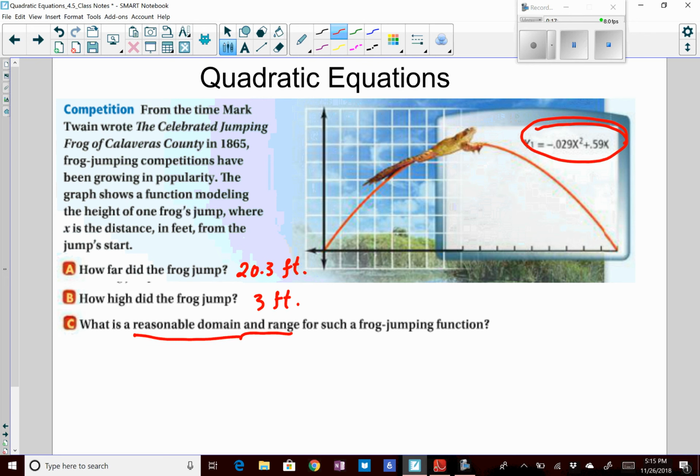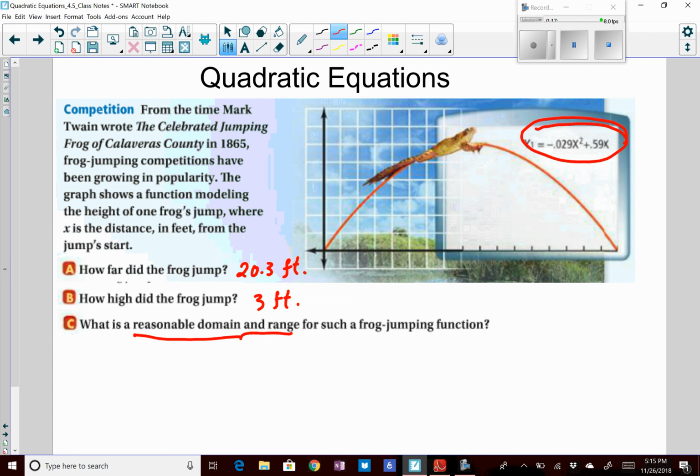Well, those generalities are not really a reasonable domain and range for this particular situation, because if you think about it, the frog can't jump an indefinite amount. He's got to come down at some point, and the frog also can't jump an infinite height. The frog is only going to be able to jump only so high.